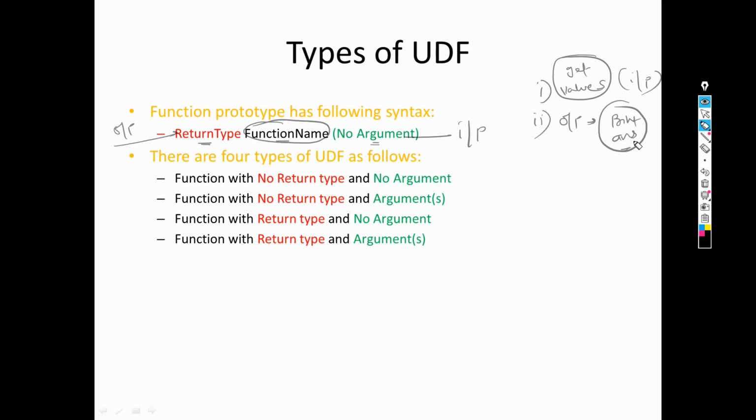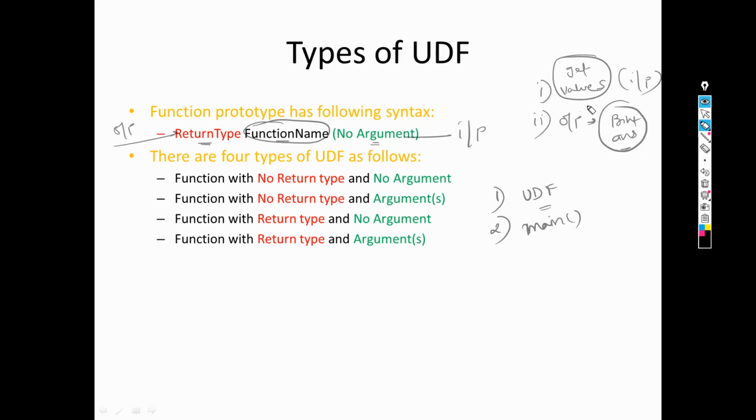Now to print the answer we need to perform an operation, and to perform the operation we need to have input. So we need to take the input from the user, process that input, and then print the answer. Wherever we are using a user defined function, there are two different things: the first is the user defined function, and the second is the main function, from where you are calling the user defined function.